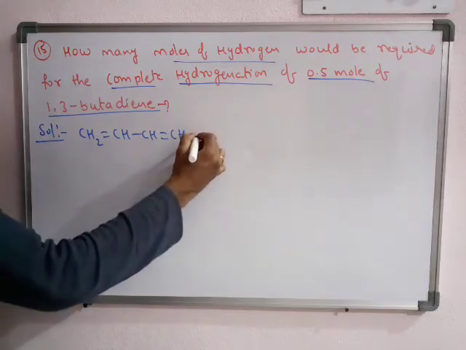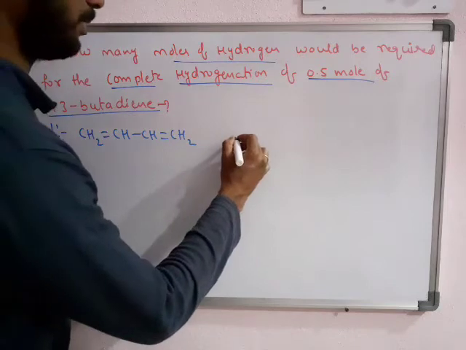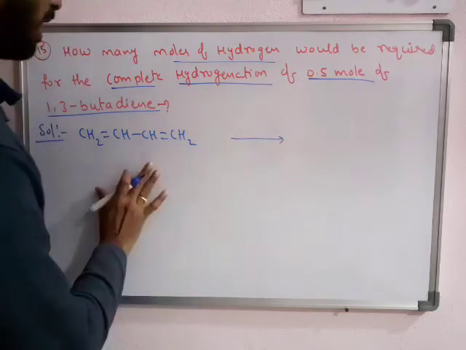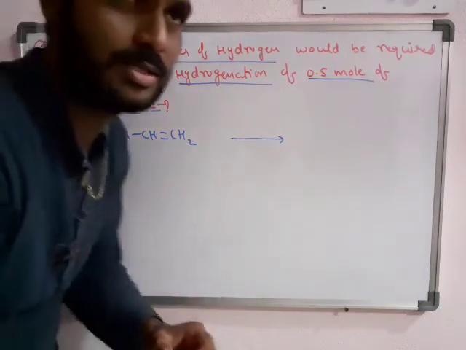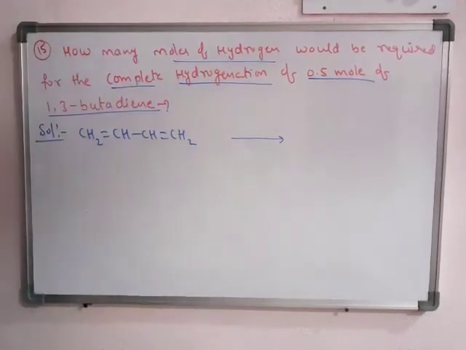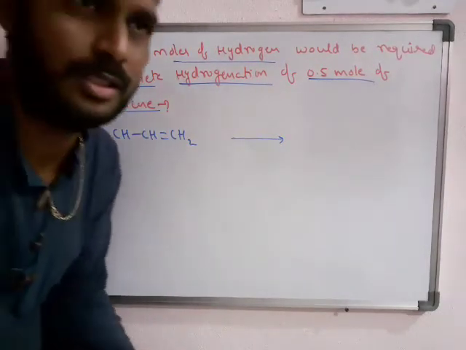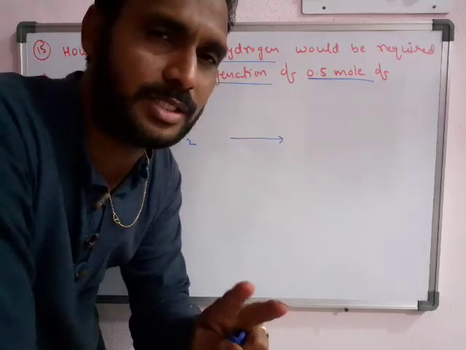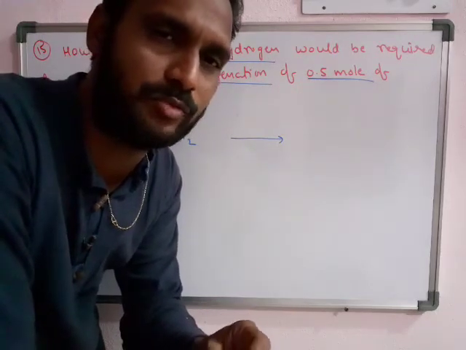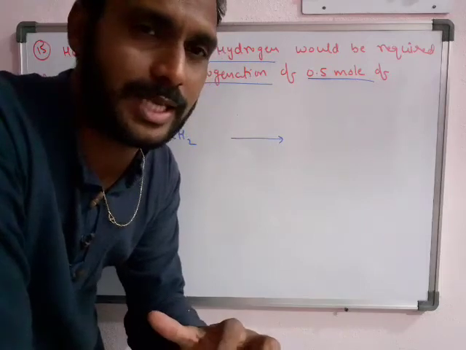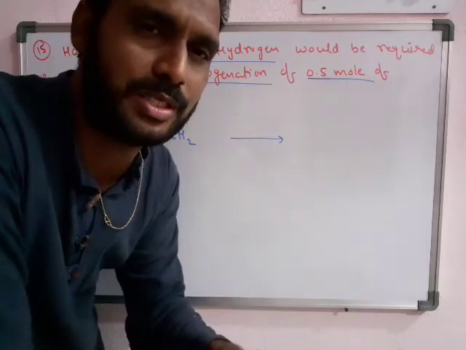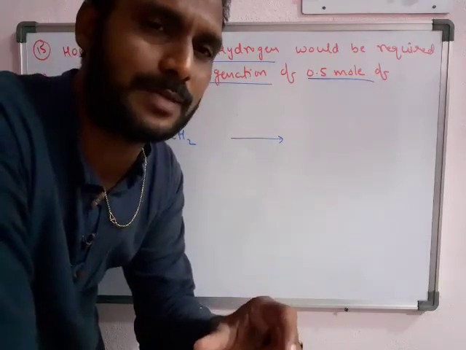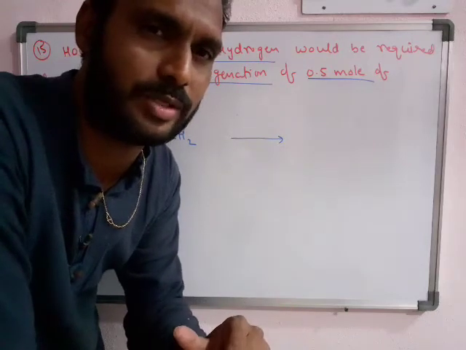On its complete hydrogenation, unsaturated compounds, which have double bonds or triple bonds between the carbons, become saturated. Saturated means the carbon atoms have only single bonds around them.